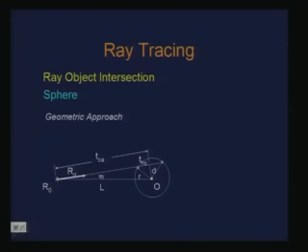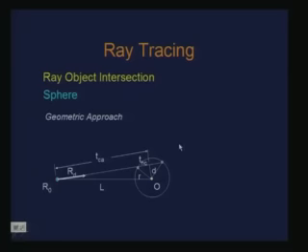And let us say this particular distance which is traversed along the ray direction is T_CA, right, and this distance is T_HC. Fine. So, if I can somehow relate this distance in terms of T_CA and T_HC, I should be able to get the t's which would give me the point of intersection, right.